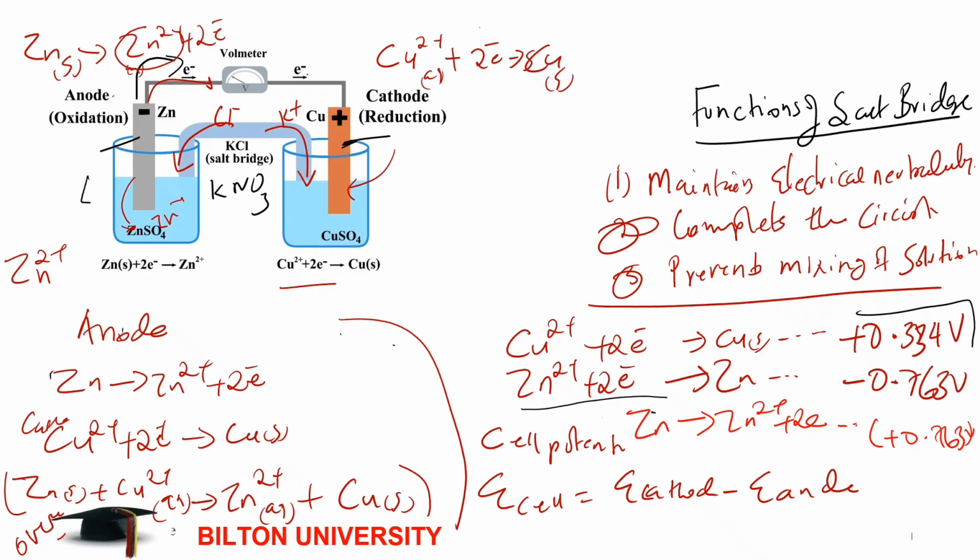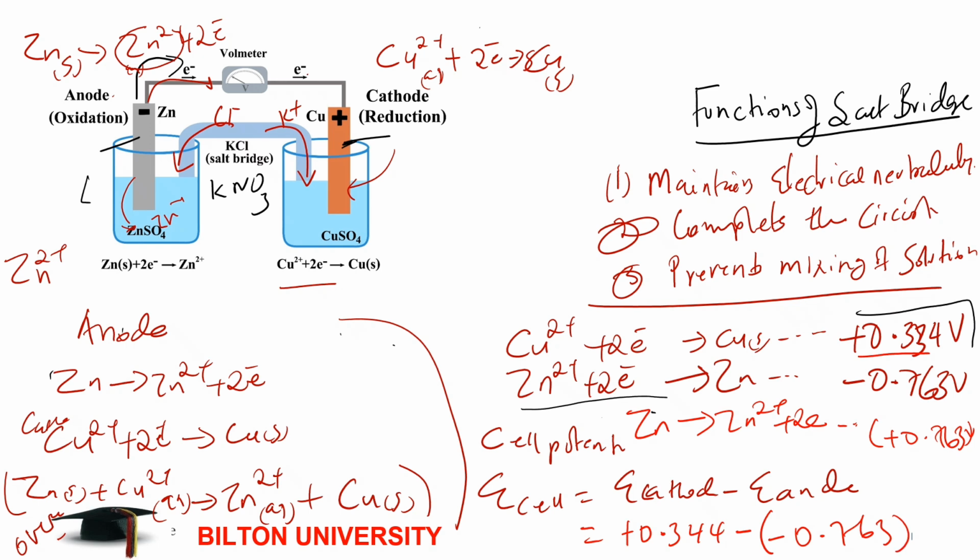So let's calculate the cell potential. Our E cell is going to be E cathode, which is +0.334, minus E anode, and E anode is -0.763.